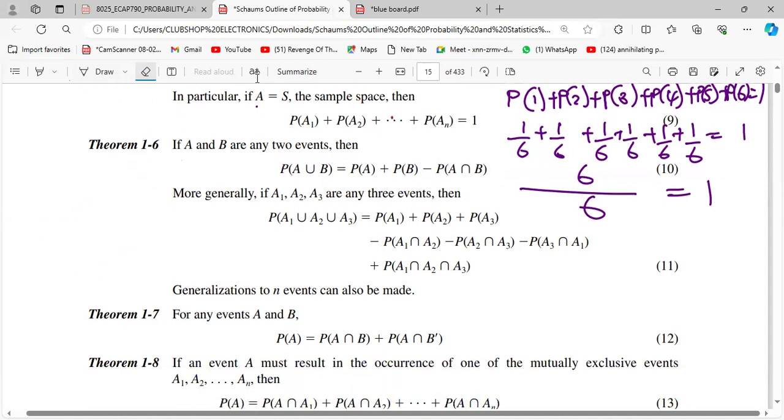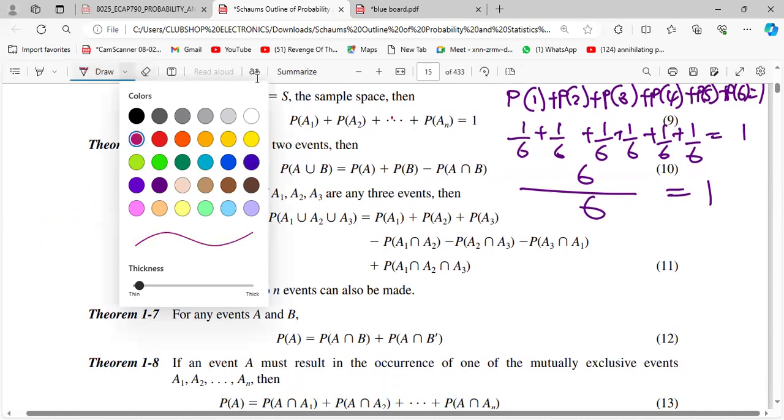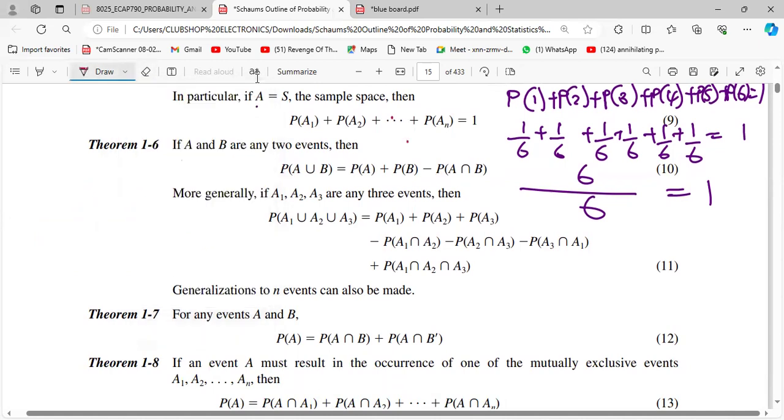Next, we can extend this to a general situation. If A1, A2, A3 are 3 events, right? So the probability of A1 union A2 union A3 is equal to the probability of A1 plus A2 plus A3, then we subtract.